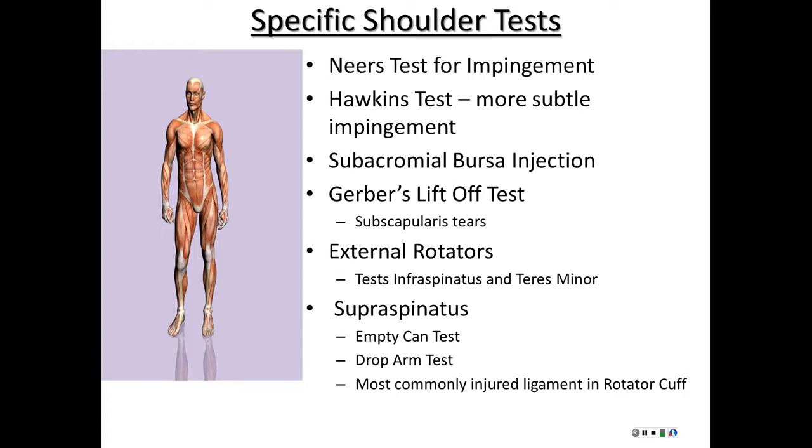The other thing is the drop arm test, because your supraspinatus muscle is the one that's most commonly injured. Like when you have both hands out in front of you doing a Romberg and the patient shuts their eyes, in the drop arm test the arm will begin to drift over time if they've got a real problem with a tear in the supraspinatus muscle.